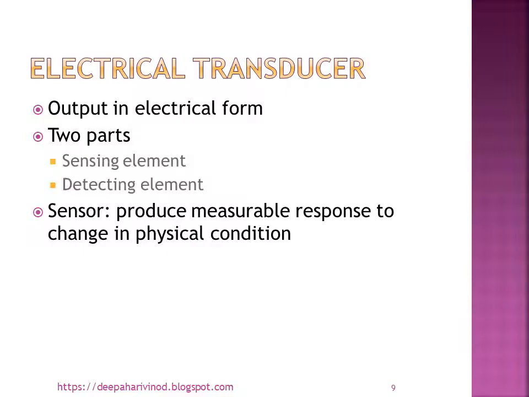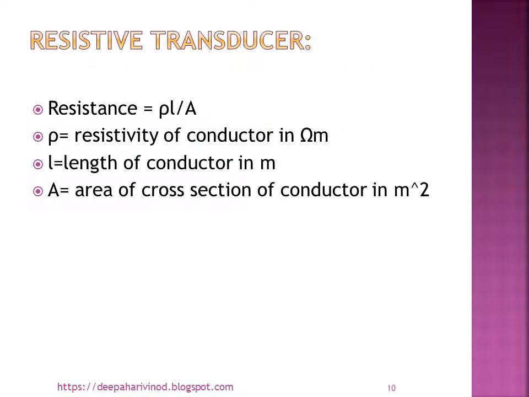Electrical transducer: in this transducer, output will be in the electrical form. Two parts will be there, that is sensing element and detecting element. Sensor produces a measurable response to change in the physical condition.